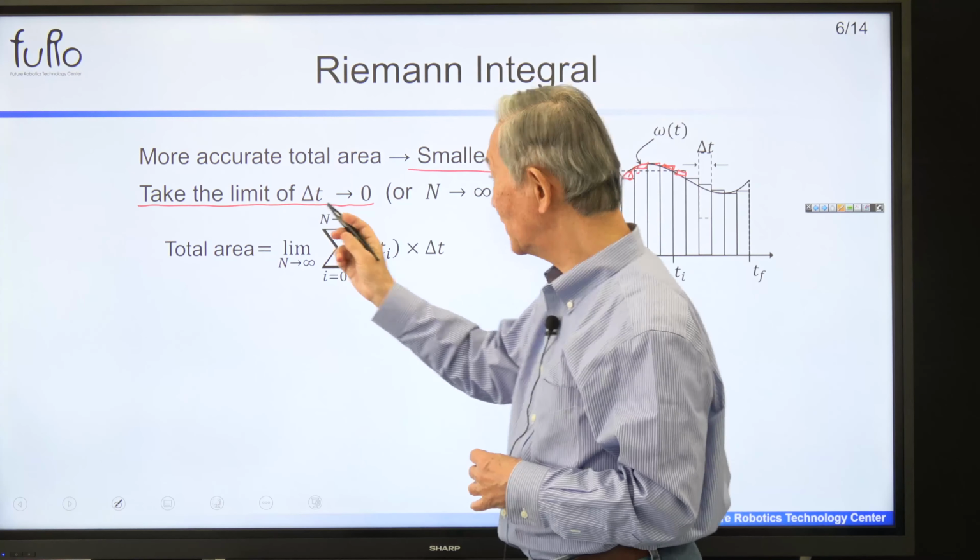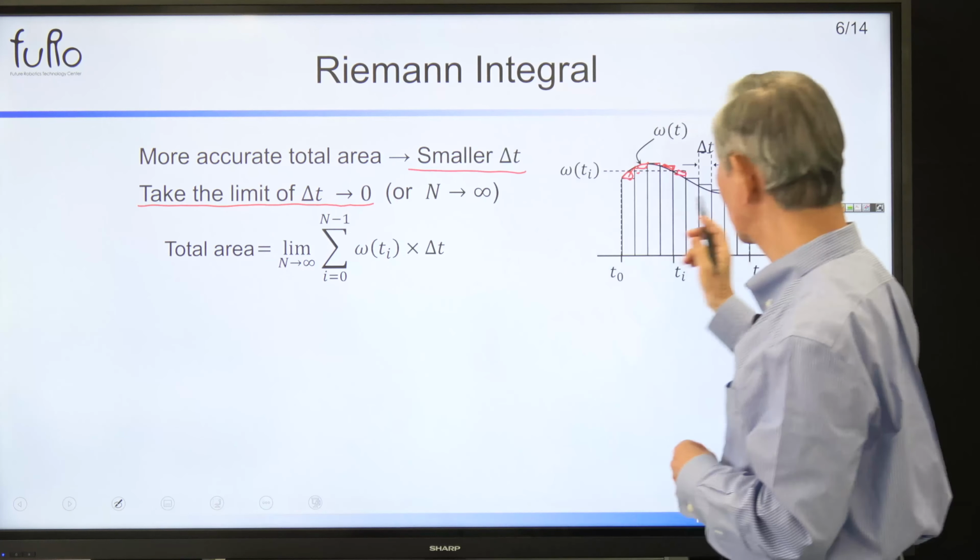Delta t goes to 0, meaning that you have more columns, meaning that n goes to infinity, right? The number of columns becomes infinity. So this summation is done in terms of n, so that's the limit as n goes to infinity of this one here. That's what we do.